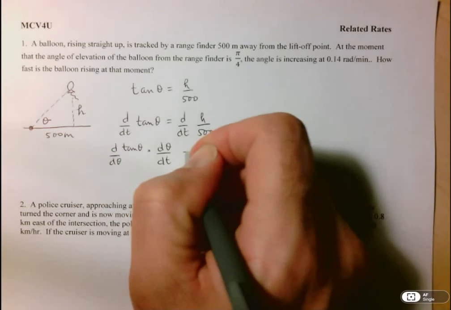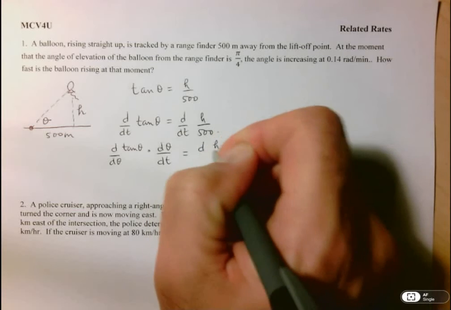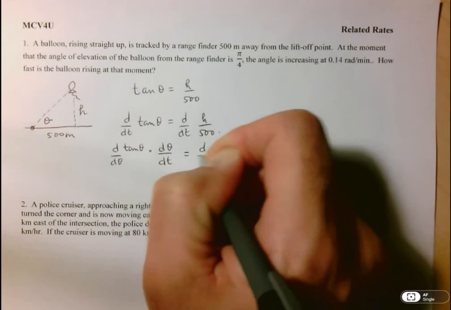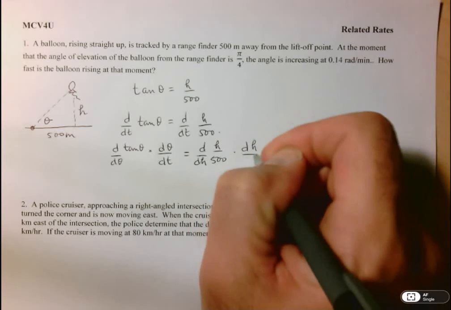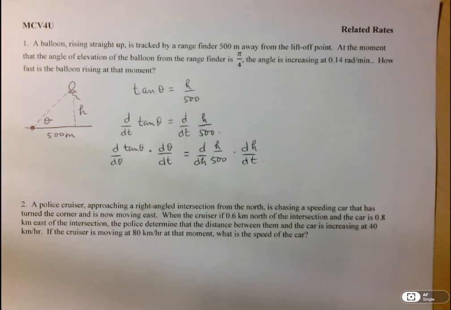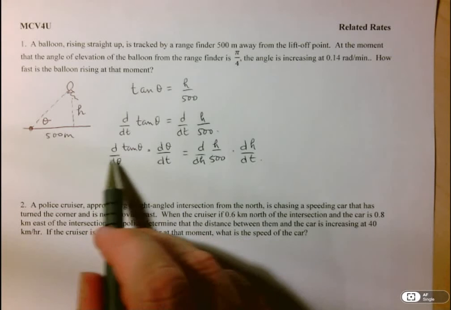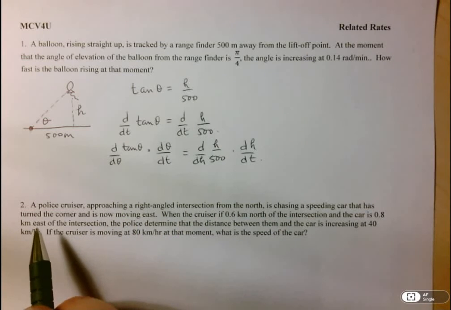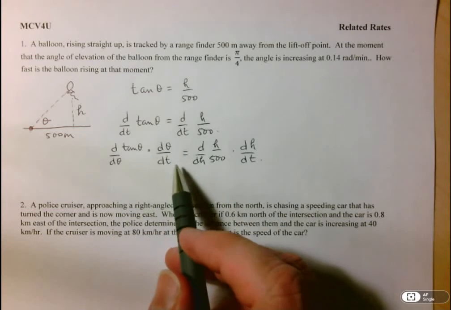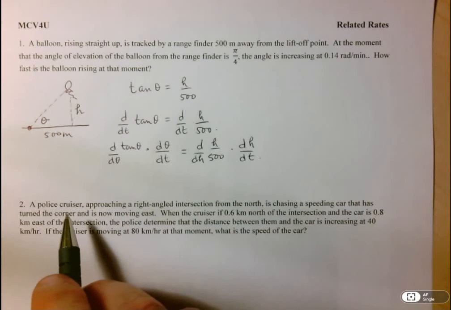And same thing on the other side of the equation. First, I'm going to take the derivative of h over 500 with respect to h, and then multiply that by the derivative of the height with respect to time. So again, another application of the chain rule. Often I wouldn't write this step down, because we've done implicit differentiation and the chain rule quite frequently at this point.